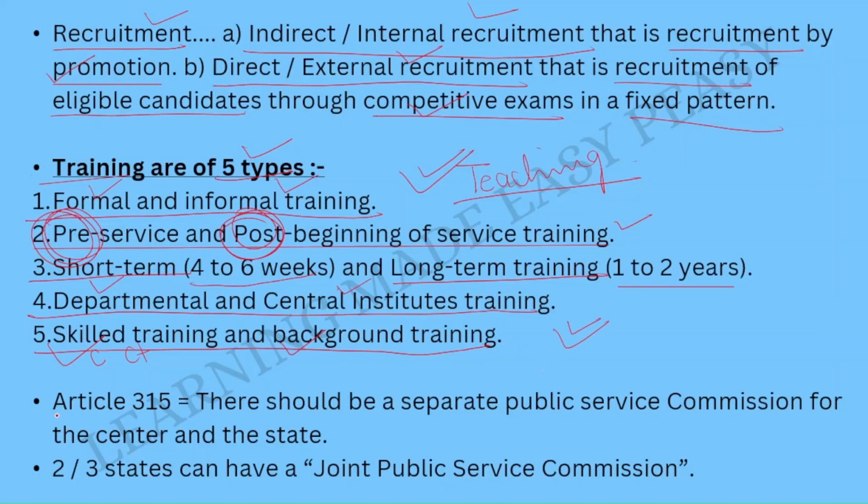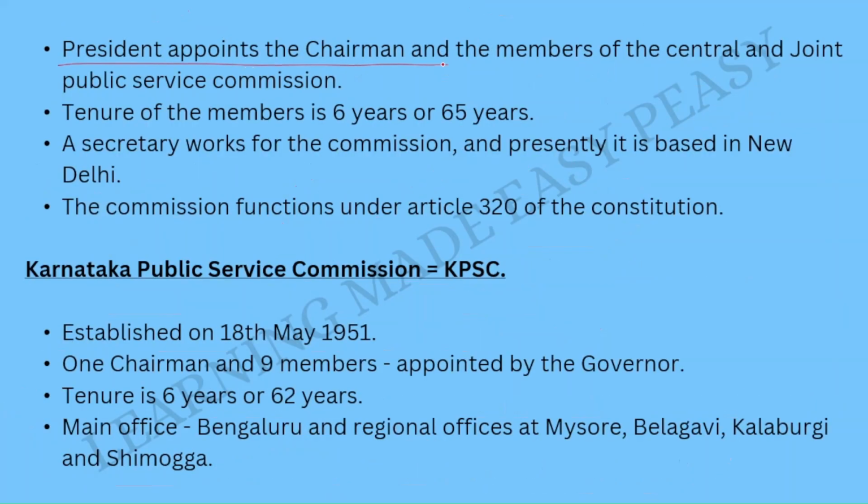Moving forward, Article 315. It says that there should be a separate public service commission for the center and the state. This is important. 2 or 3 states together can have a joint public service commission. President appoints the chairman and the members of the central and the joint public service commission.